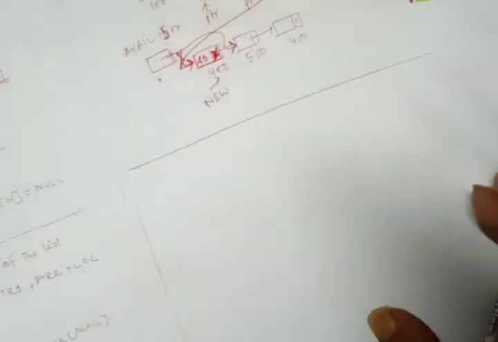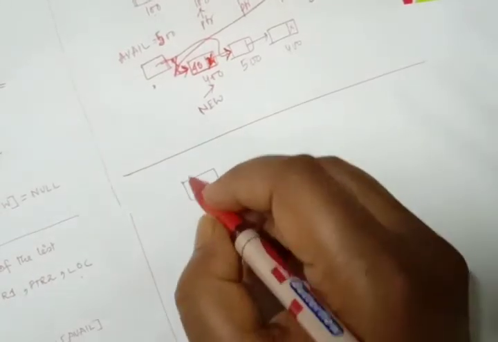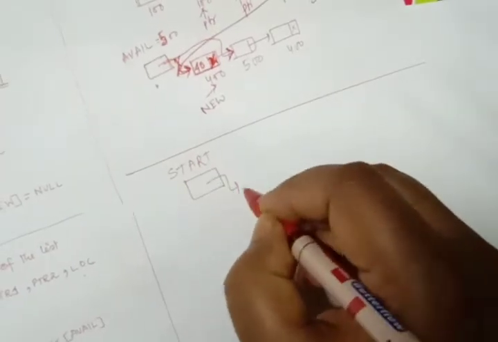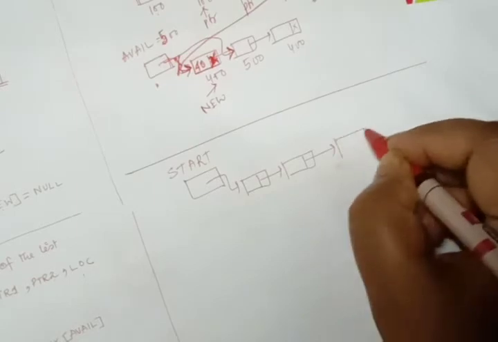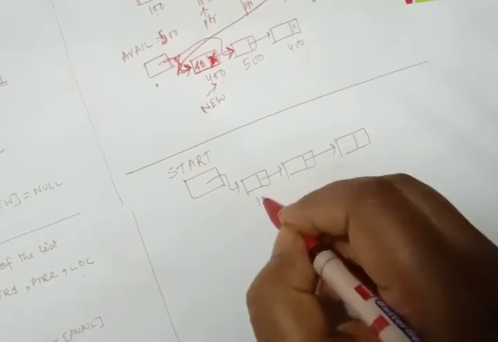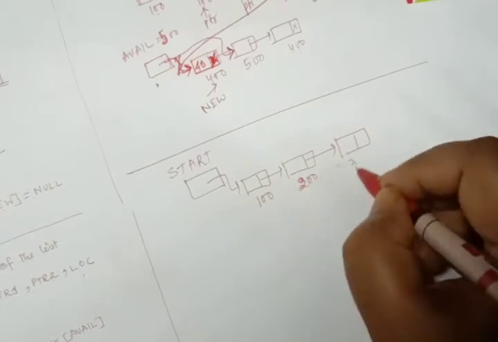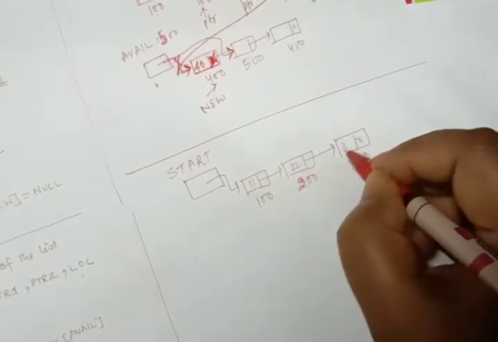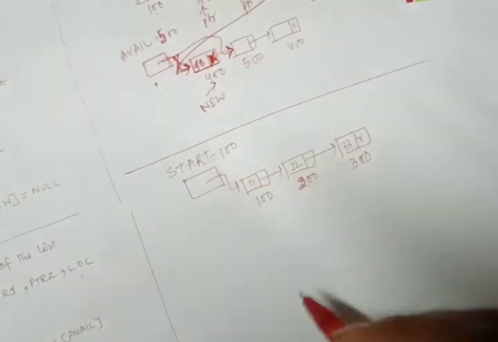Now here you see how this algorithm works. Suppose this is the used list, and here 3 nodes are there, 3 nodes 11, 22, 33, and the value of start is 100.